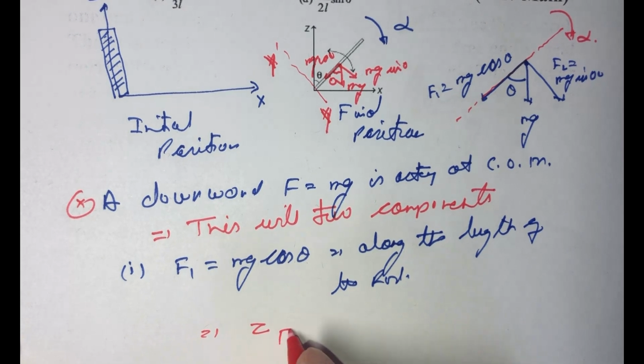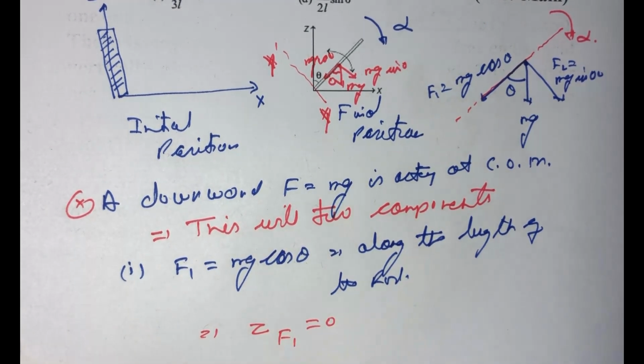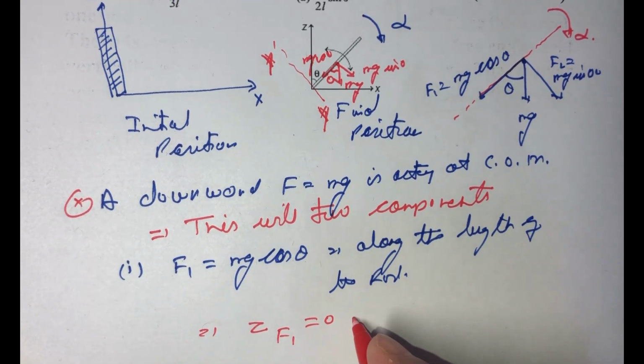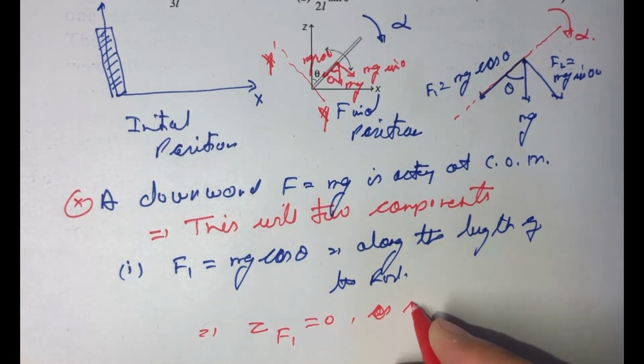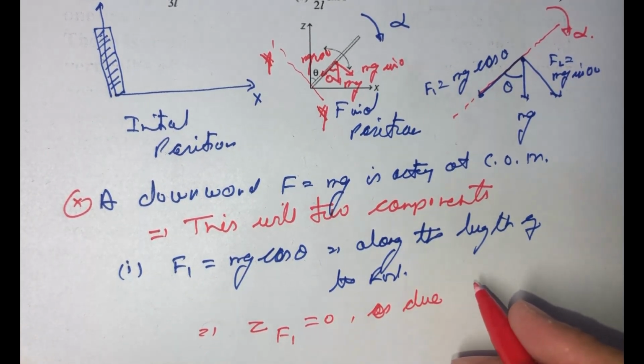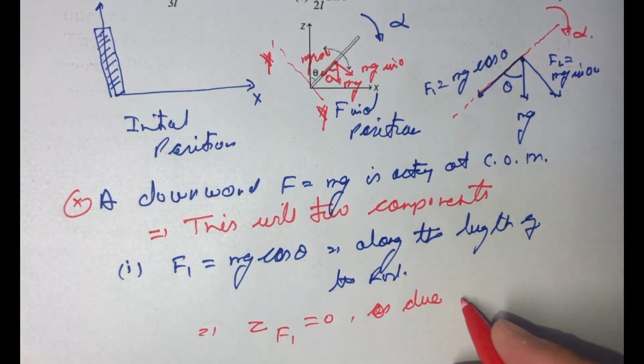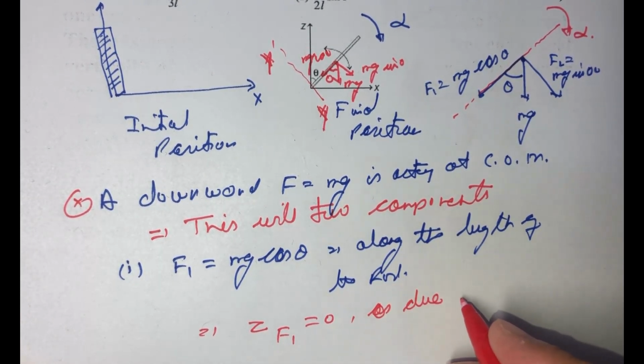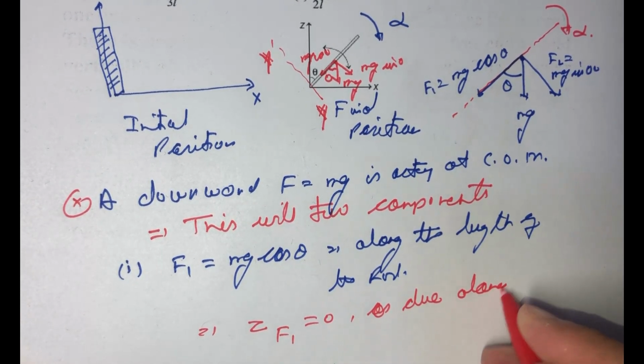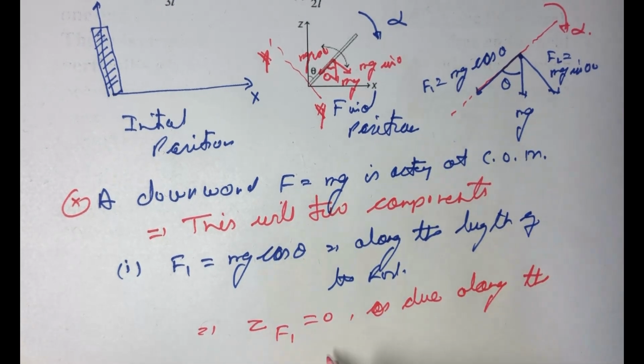Therefore, tau because of F1 will be equal to 0, due to the line of action.